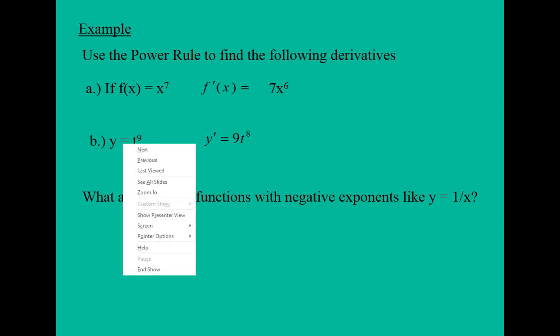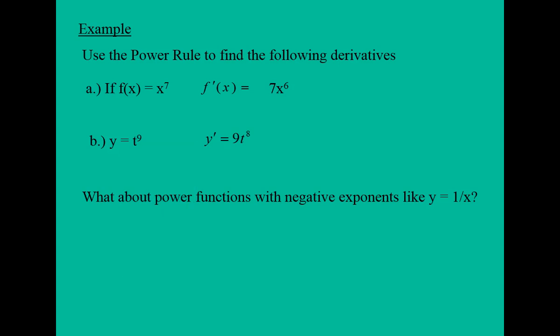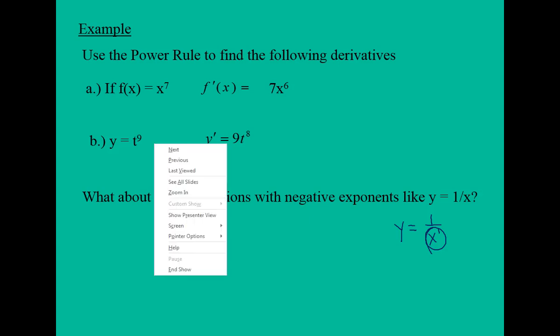We cannot just say that the derivative, well, that would just be, if this is x to the 1 here, we can take the 1 down in front, subtract 1 from the exponent. We cannot do that if this is in the denominator. It has to be in the numerator. So we can rewrite this so our variable is in the numerator.